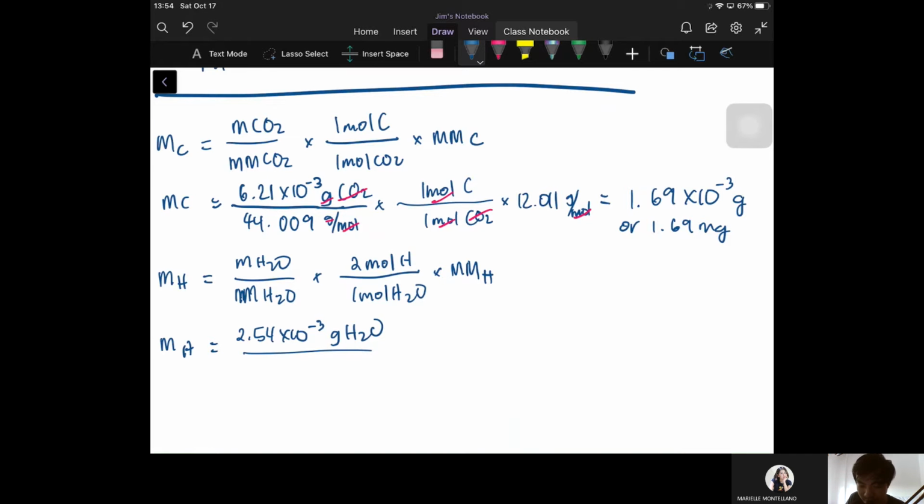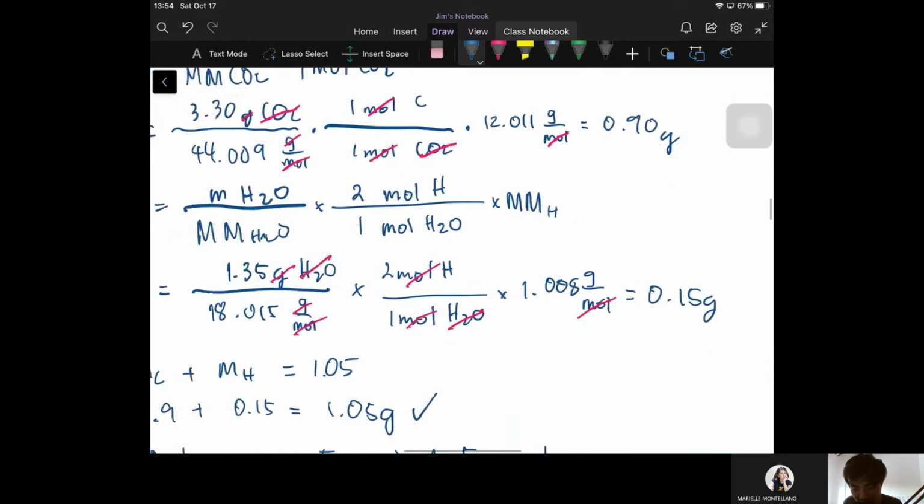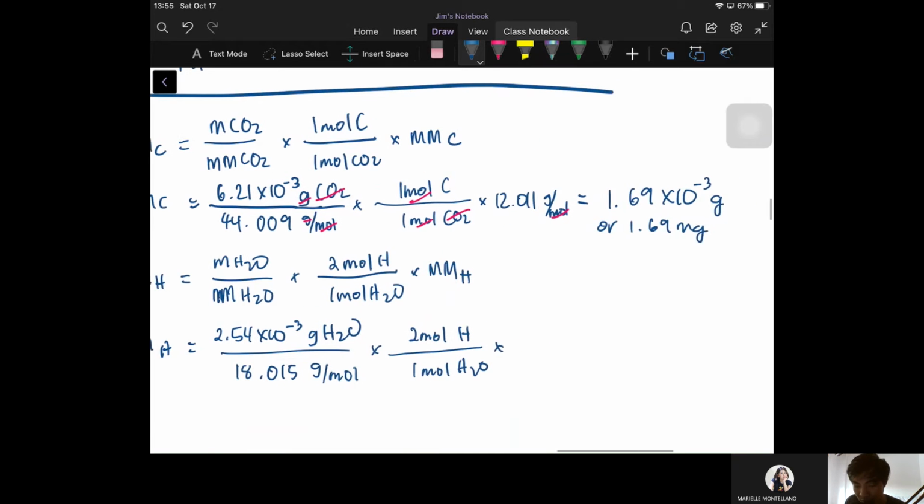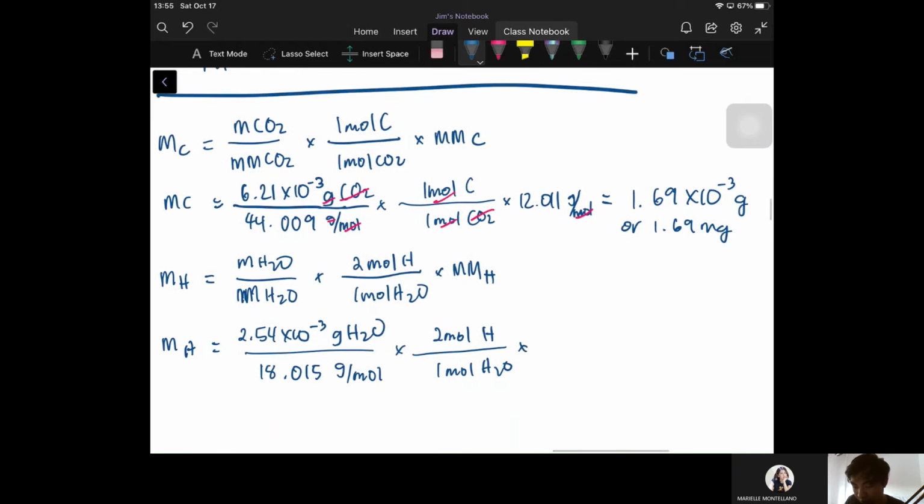Meron tayo ay grams, no? Tapos yung molar mass ng water, kopyahin ko na lang. Ano ba yung nakalagay dito? 18.015. 2 mole H, 1 mole H2O. Molar mass ng hydrogen pala, is 1.008 grams per mole. Okay, so ulit-ulit lang, cancel.